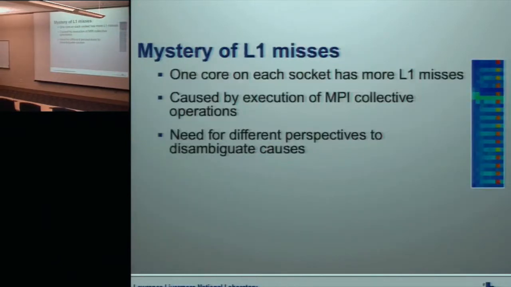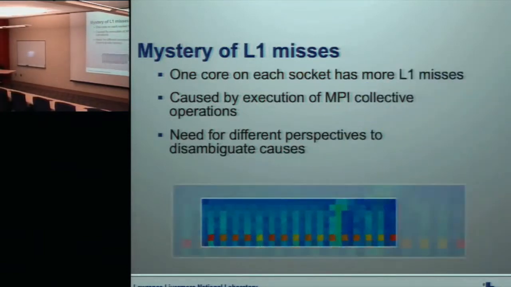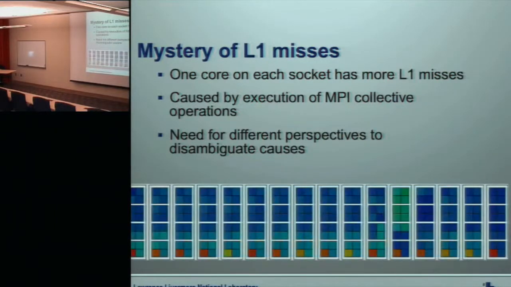And so we said, well, what's the matter with these L1 misses? It turns out that if you take that simulation and you look at how it's decomposed over the actual nodes and sockets on the machine that it's running on, this is an Opteron machine where each node is a 4x4 core NUMA.